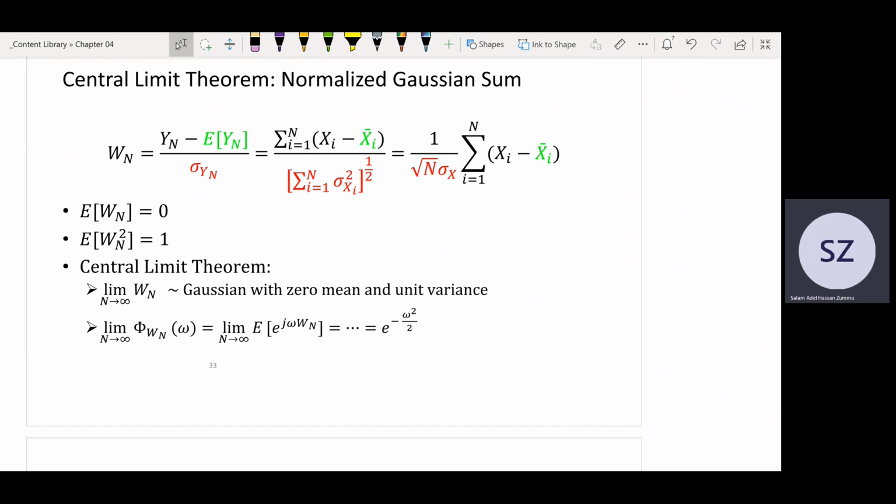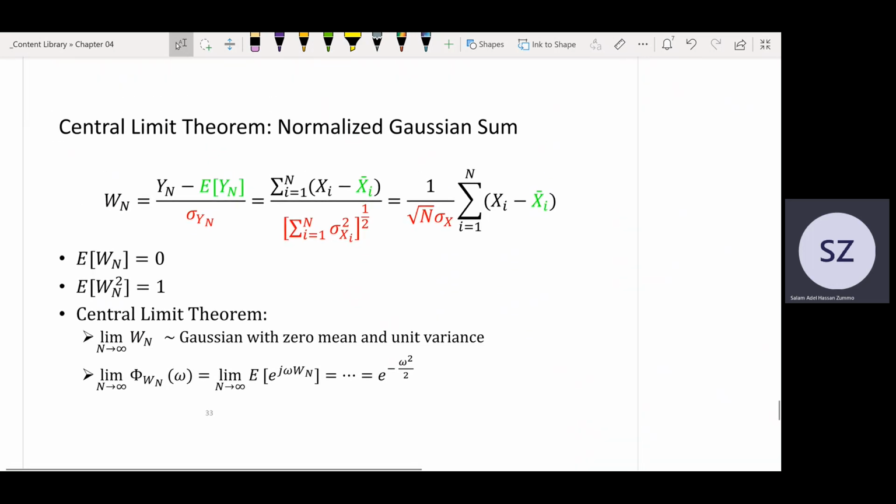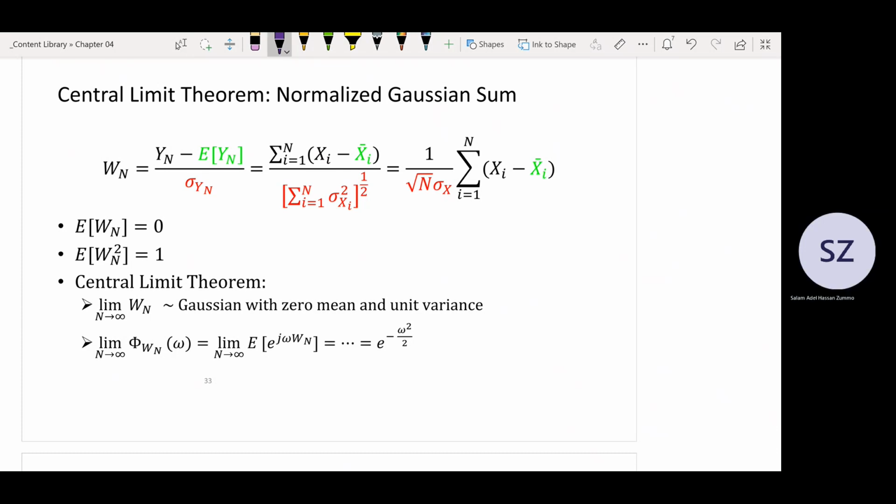So what is yn in this case? Let's say I have xi, which are IID random variables with a certain distribution.